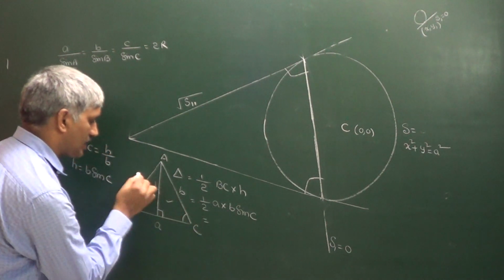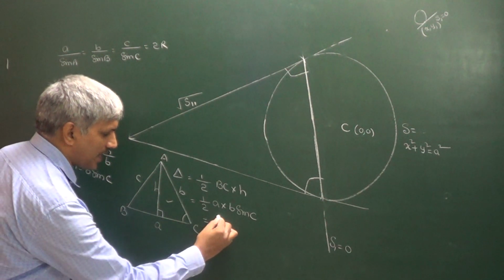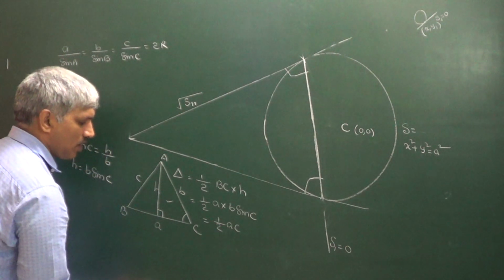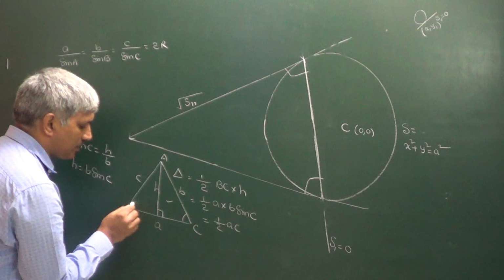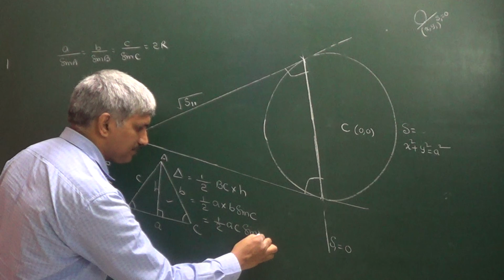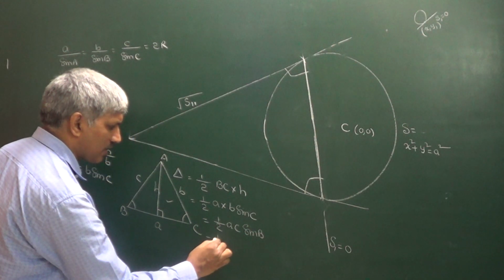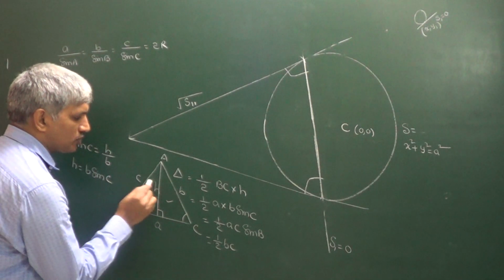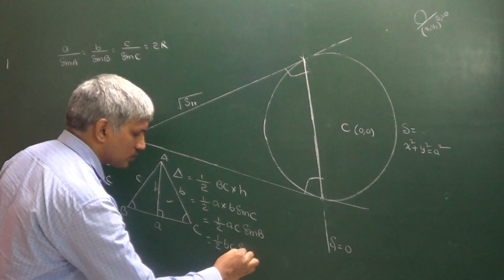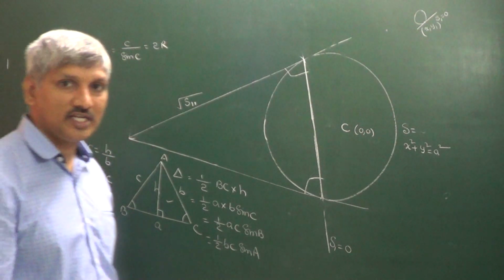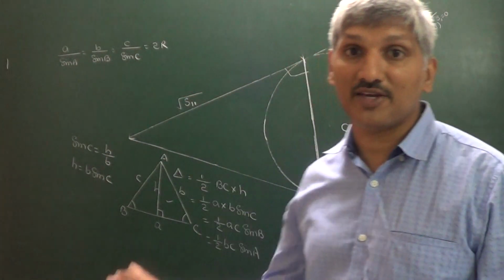In the same way we can write the area of this triangle as half into AC, and we have to include this angle, that is sin B. Another way we can write half into BC into sin A. So that is another formula for the area of a triangle.